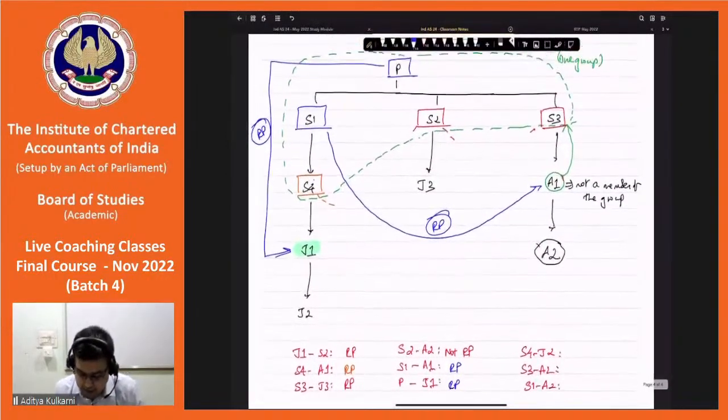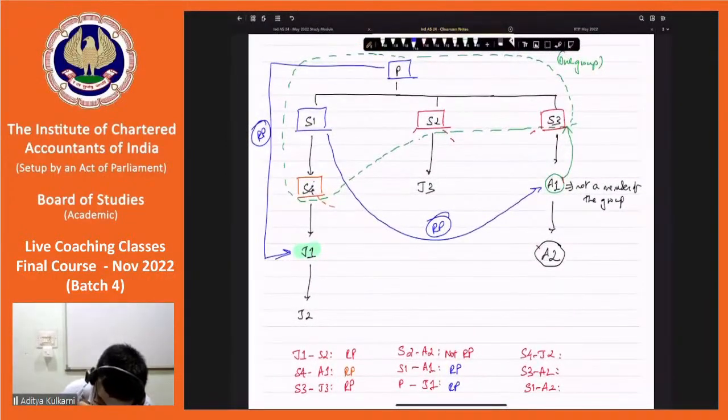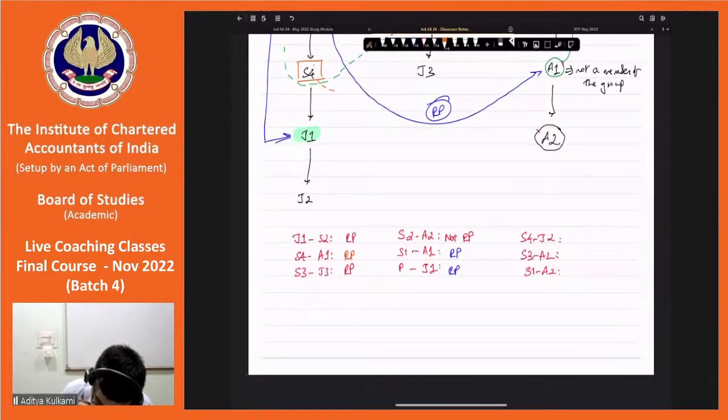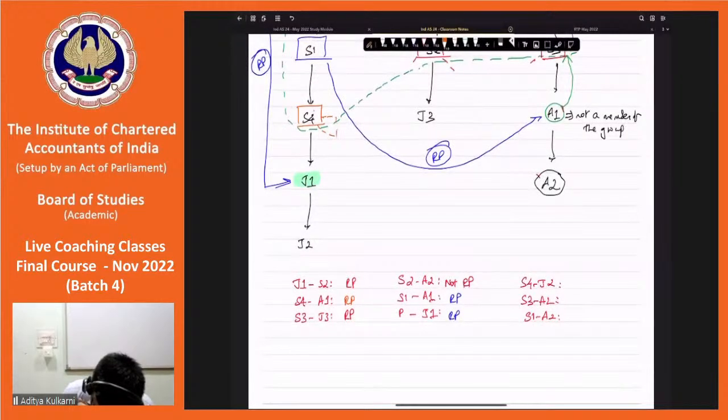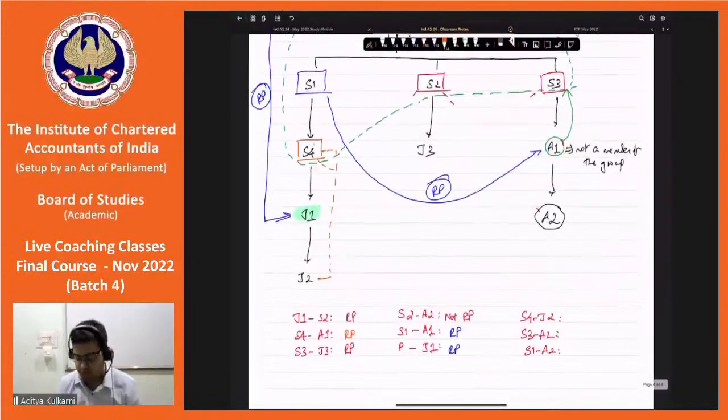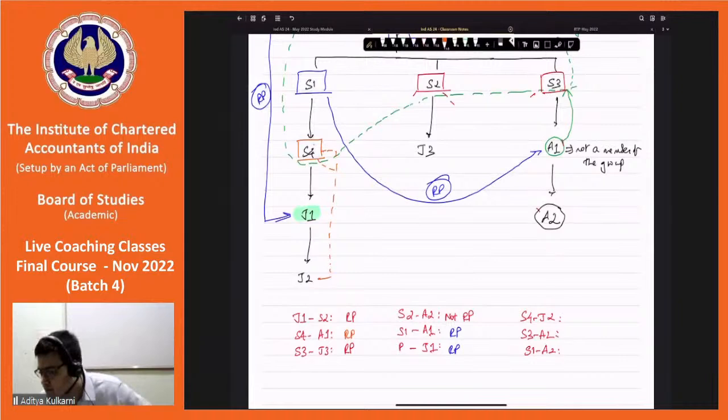Next one. S4 and J2. Yes. S1, A1 related, Sheena Jain. S1, A1. That's right. P and J1 related.